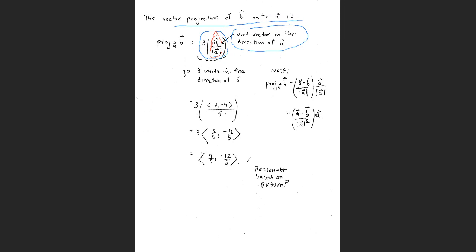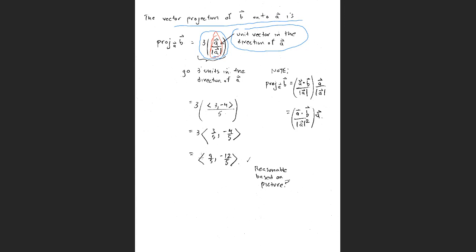How many recall that from their homework? Yeah, Mauro recalls it. So if you go 3 unit vectors in the direction of A, you'll get your projection vector.